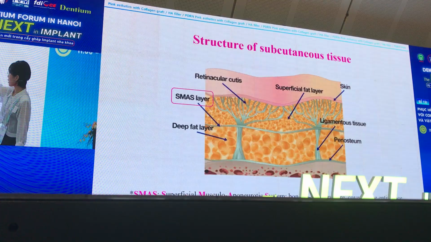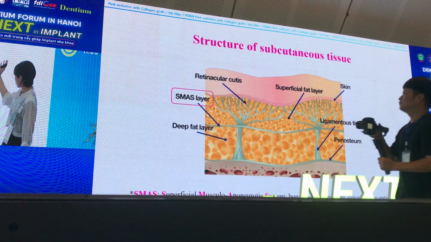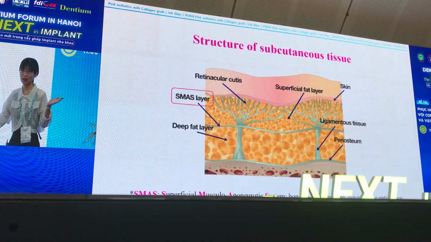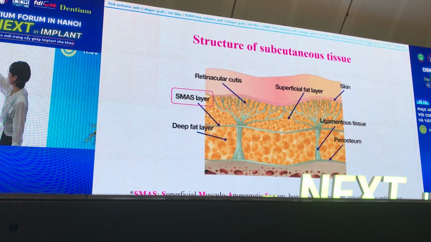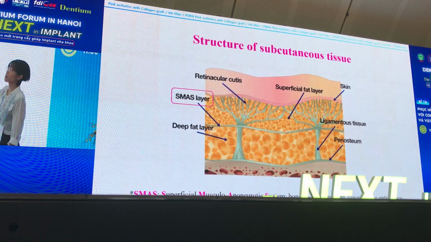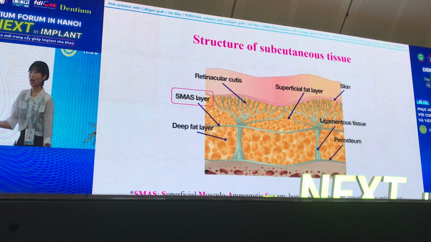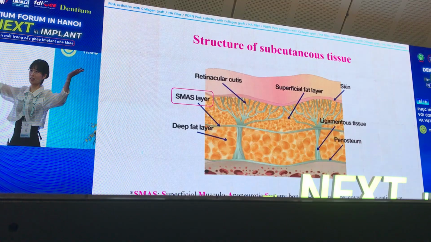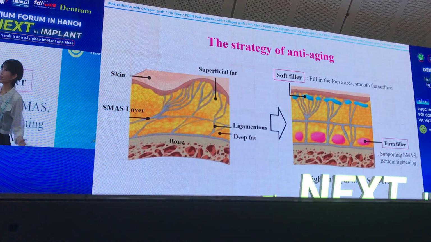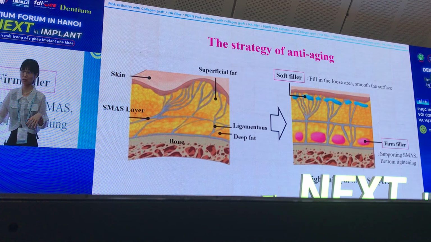The lower part, that is the deep plastic layer, the ligamentous tissues, looks like a stem of the tree, right? But in the superficial layers, the ligamentous tissues look like branches, like a tree. In young age, this tree is very upright, very straightforward. But with aging, the tree is cracked, making the fold. It is a wrinkle, right?